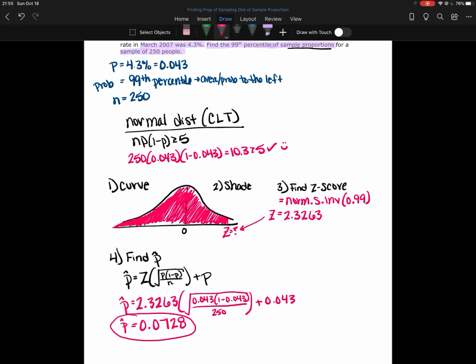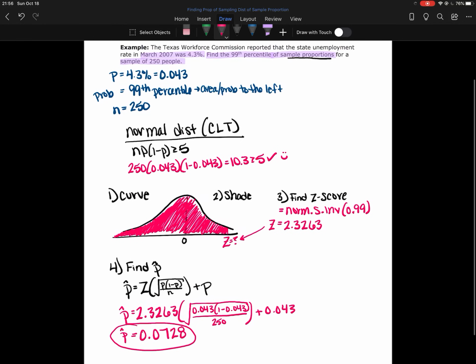If you were to go out and take a sample of 250 people, 99% of the time the unemployment rate for that sample would be less than 7.28%, or the probability of that sample having an unemployment rate less than 7.28% would be 0.99. You would be very hard pressed to find a sample of 250 people with an unemployment rate more than that. Very small chance, because most of the samples are going to have an unemployment rate less than 7.28%.